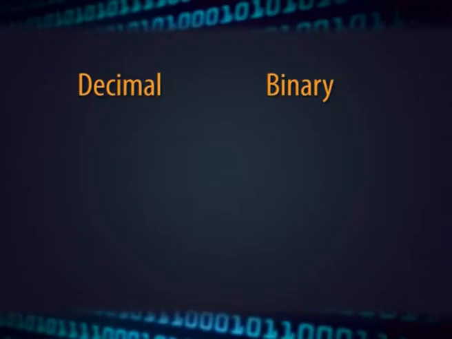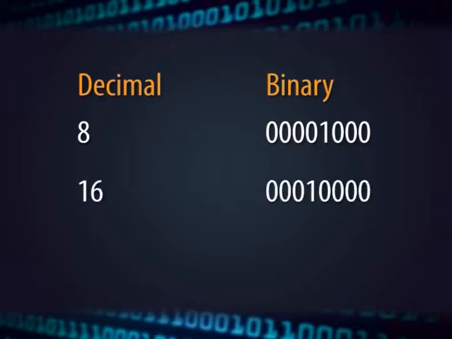Take another example of the AND operation related to a divisibility check. The characteristic of a number divisible by 8 is that it contains zeros in its last 3 least significant bits. For example, 8 is represented in binary as 1 followed by 000. The number 16 is represented in binary as 1 followed by 4 zeros.